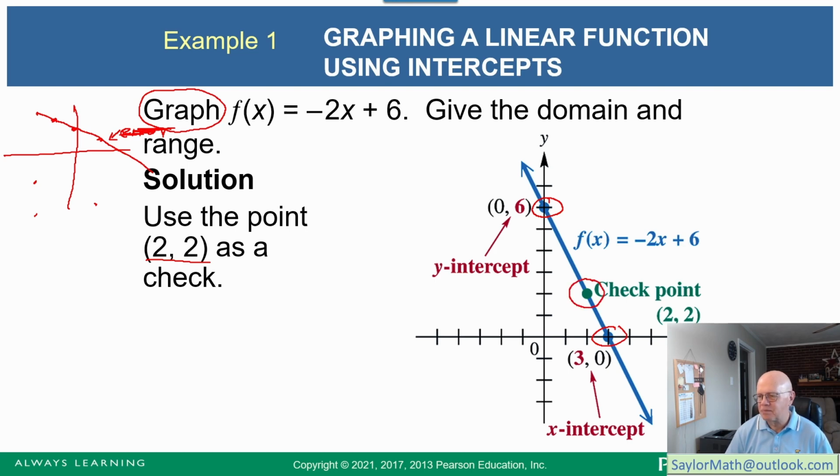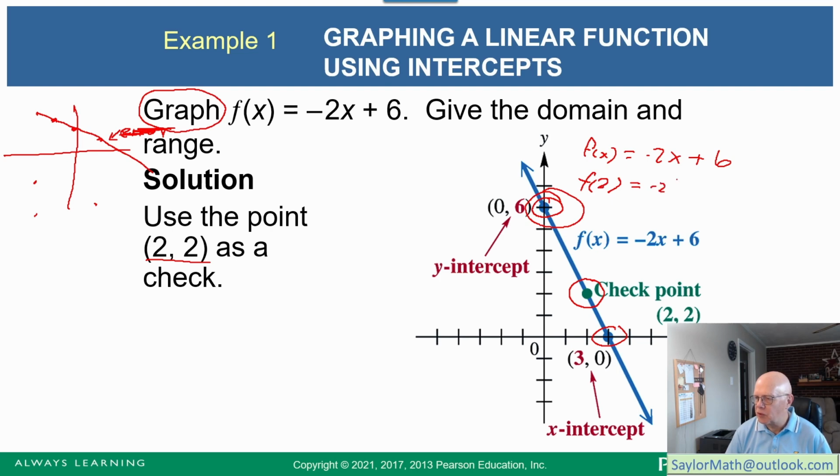How do you get that? Real easy, actually. Here's your function, f of x equals negative 2x plus 6. Pick any number for x that you like. Now, you've already done it for the y-intercept, so don't put a 0 in there. In this case, you put a 2 in there.